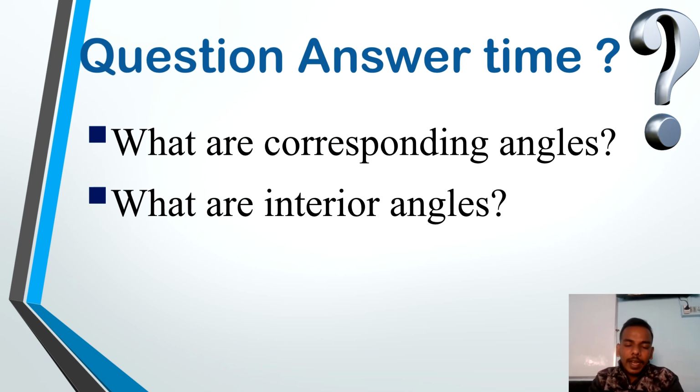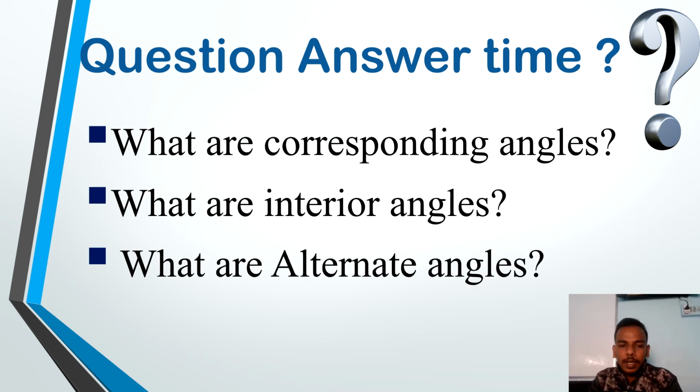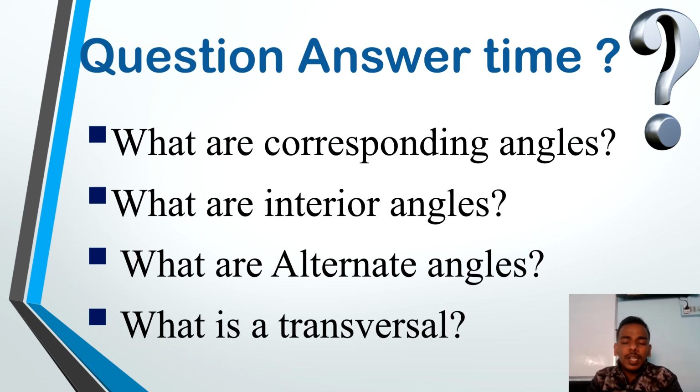The angles in the interior part of the two parallel lines are called interior angles. What are alternate angles? The angles which form a Z shape are called alternate angles. And what is a transversal? The line which intersects the two parallel lines at two distinct points is called a transversal.